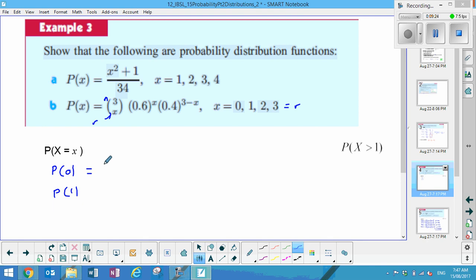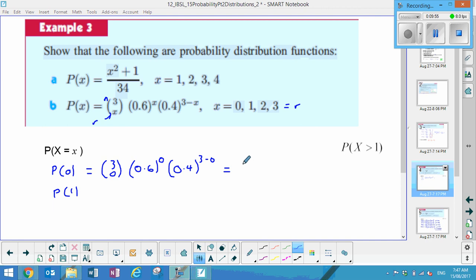So our first one's going to be 3C0, 0.6 to the power of our x value, 0, and 0.4 to the power of 3 minus 0, and then put that into your calculator.